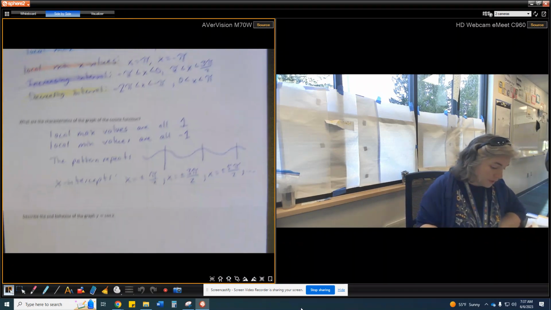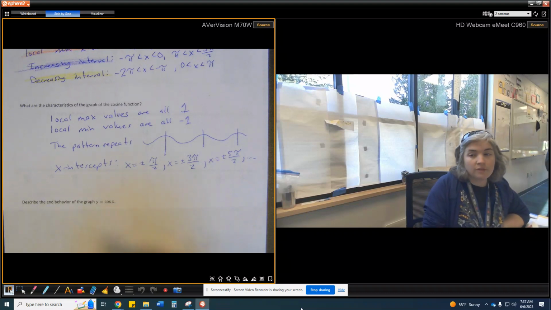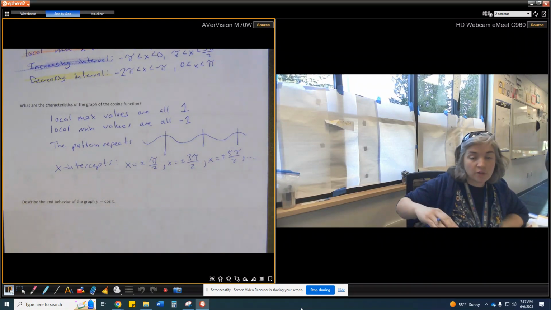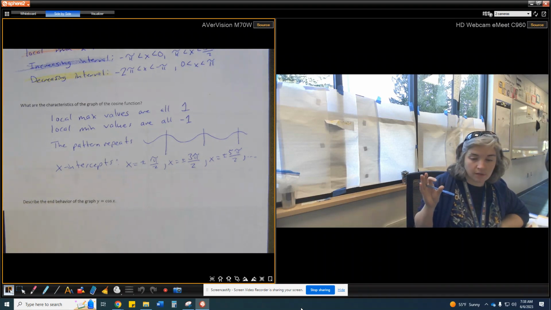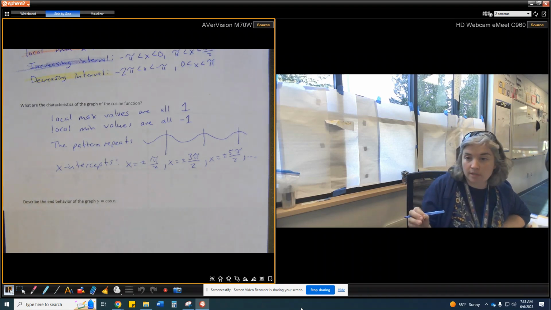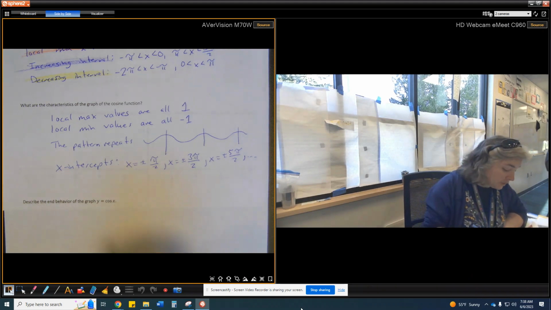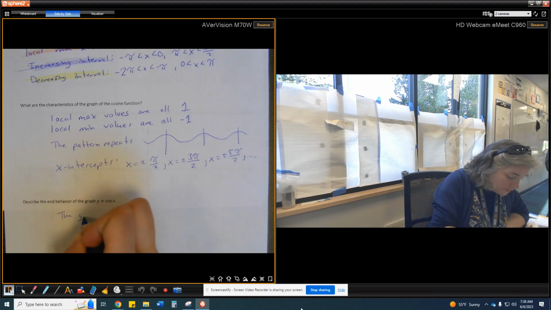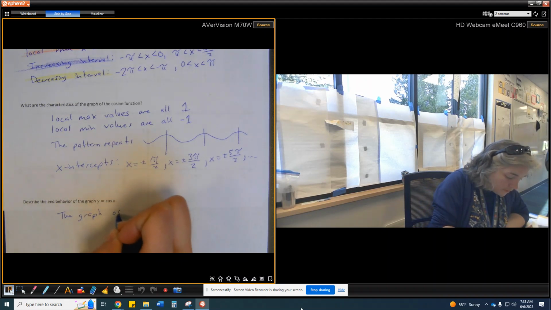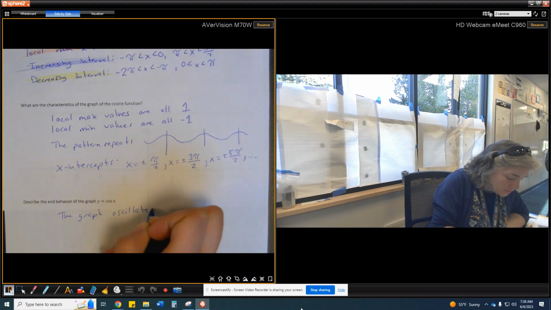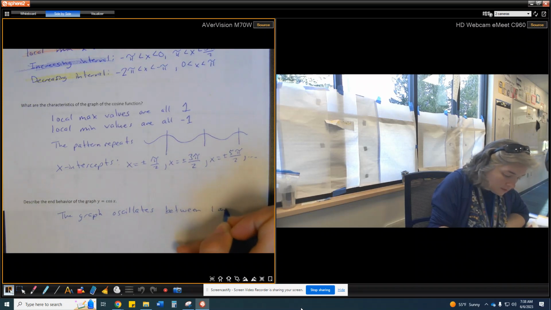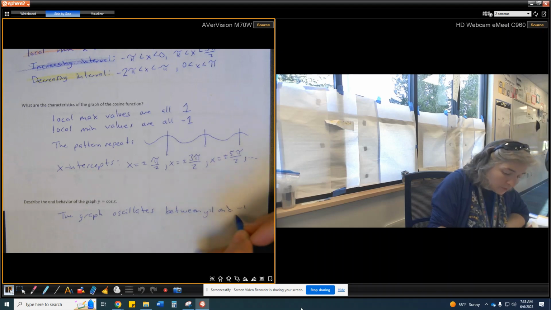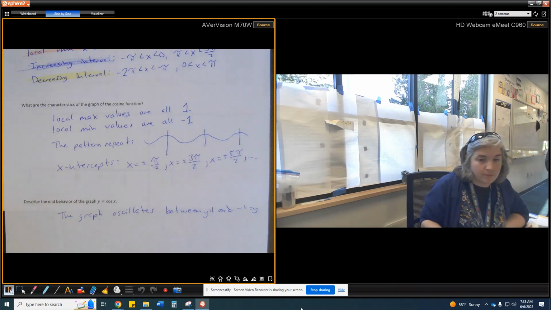That's really cool. The end behavior for the graph. Well, just like with sine, this function does not get closer and closer to one number. It doesn't have an asymptote or anything like that. So with this one, the graph oscillates between y equals 1 and y equals negative 1.